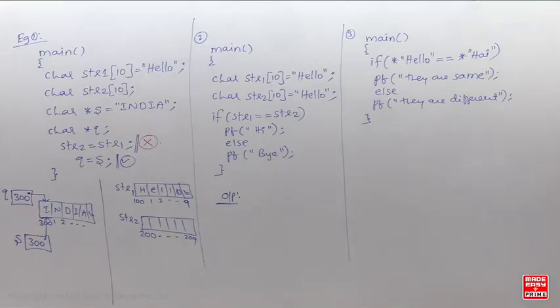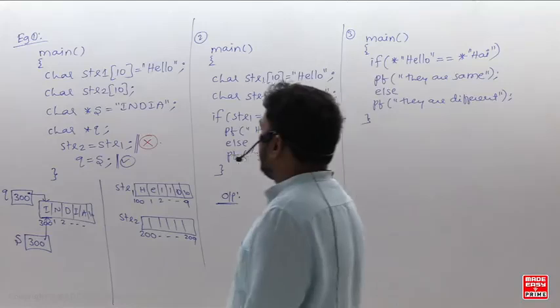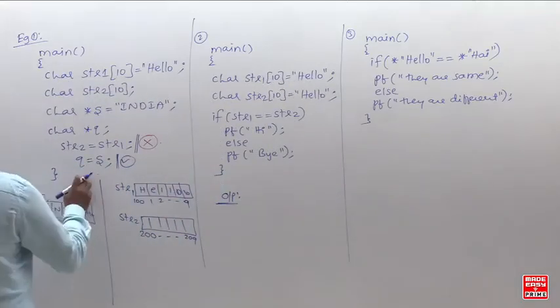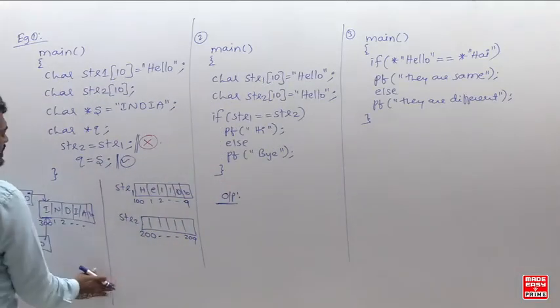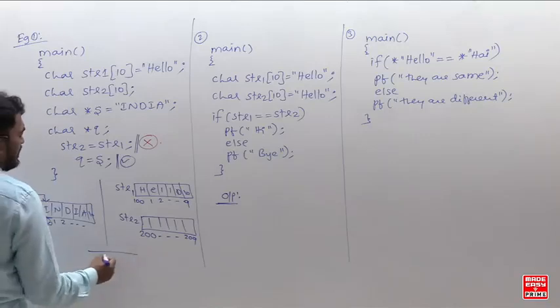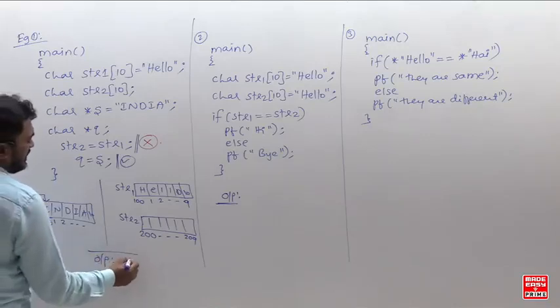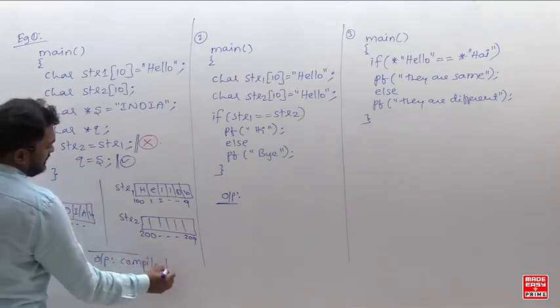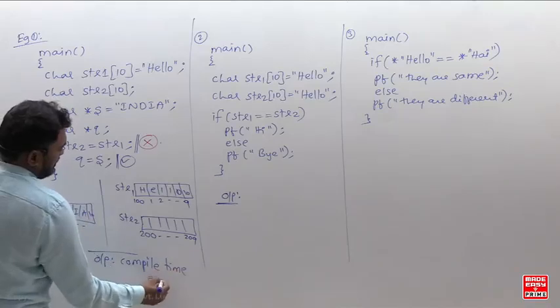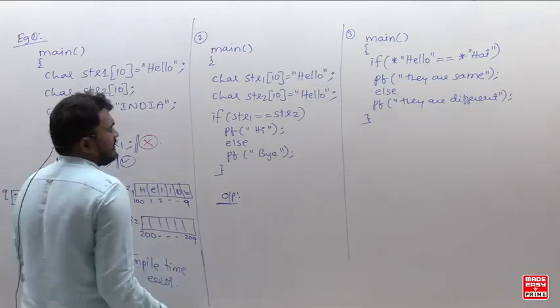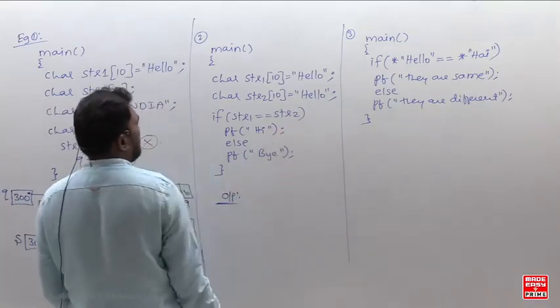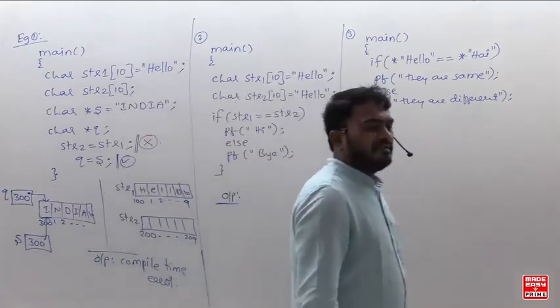Yes, Aradhya Mishra. So the first one, you can say compile time error. Somebody is asking, there is no output. The output will be a compile time error. What is the answer of this one, second example?